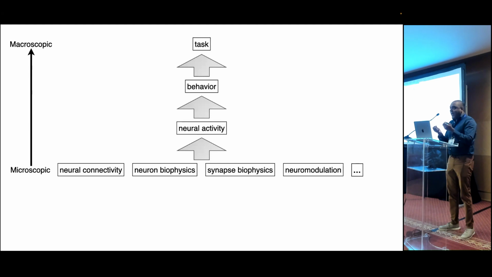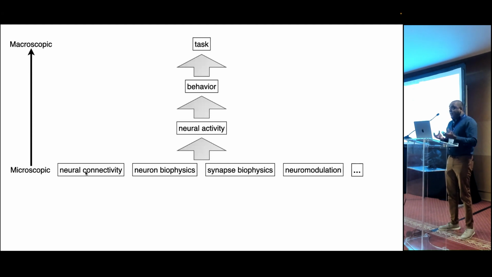So it's how is this neural network connected, the neural connectivity. It's the dynamics, the single neuron biophysics, the single synapse biophysics, the synapses that connect them, neuromodulation, synaptic plasticity. And there's probably many other phenomena that go into how the brain works that we have yet to even discover.